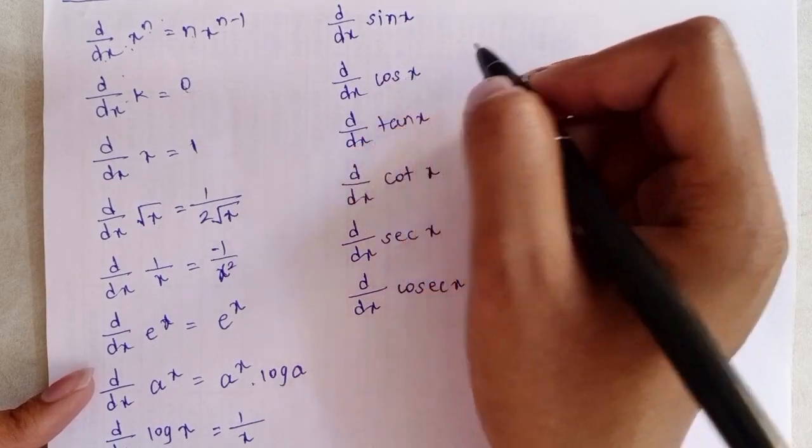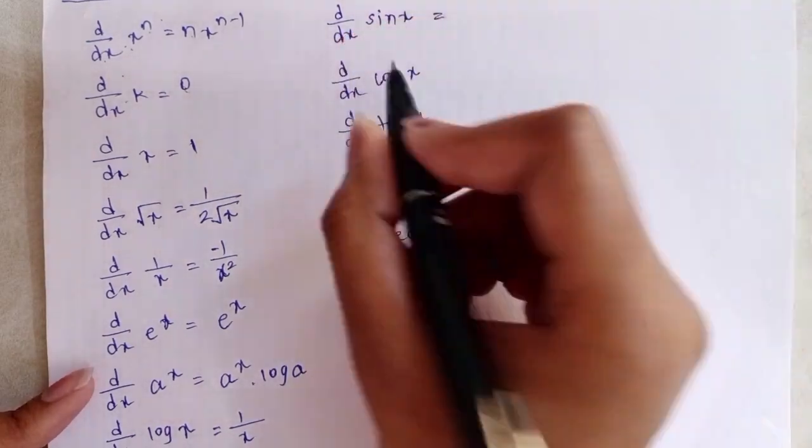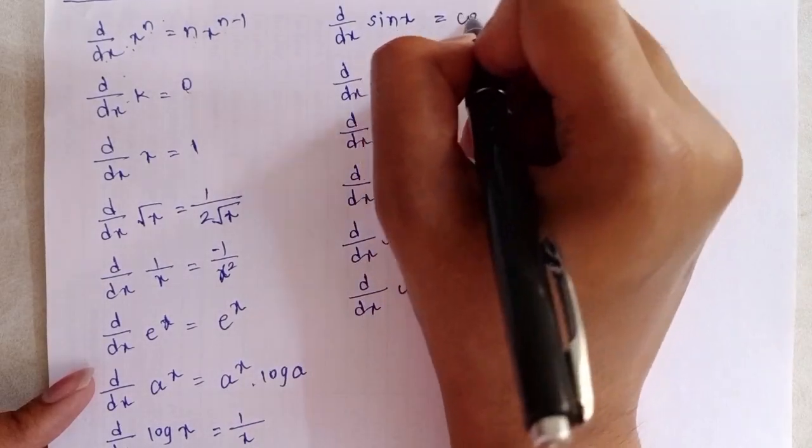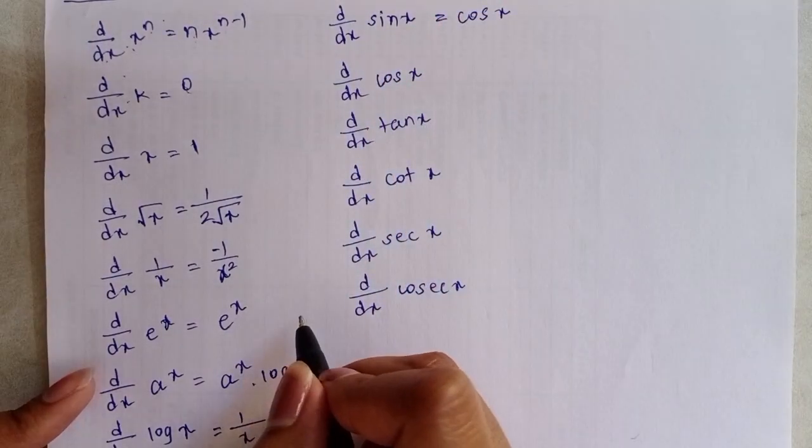Sine and cos are related to each other here. So derivative of sine x is cos x.